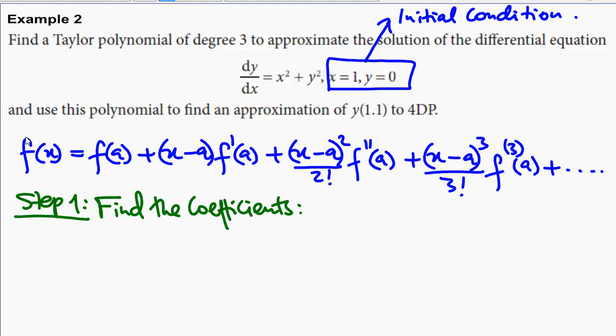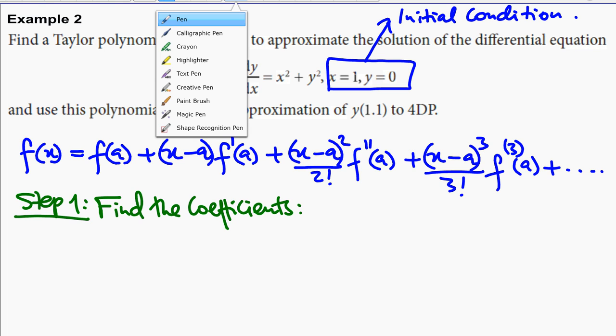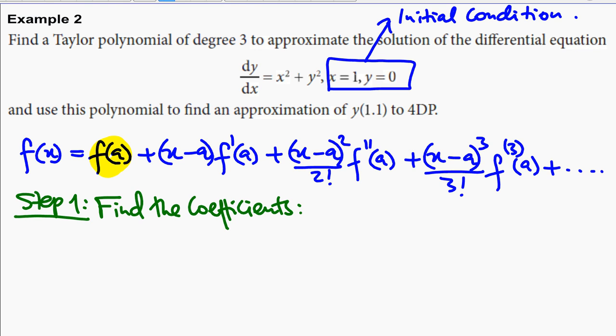Okay, now these are the coefficients that I'm talking about. These guys here. Now this one is actually already given here. All right, so we can start with that.